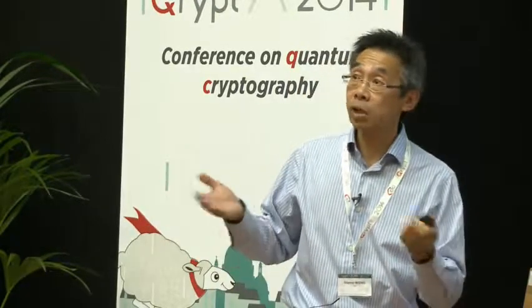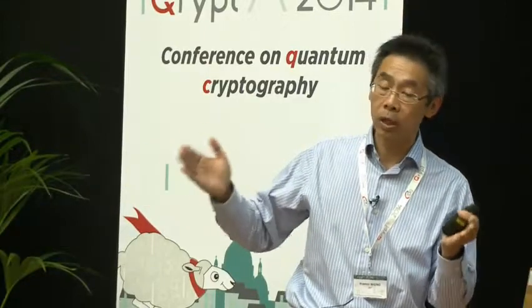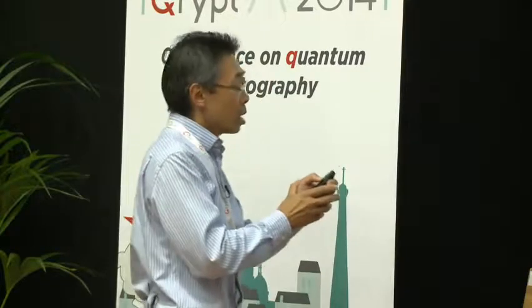Part of it is because the high-dimensional encoding does not degrade, it does not matter if you have losses. The other thing is that the Franson interferometer does not degrade over long distance, and that's very important because then you can keep bounding Eve's information as best as you can.